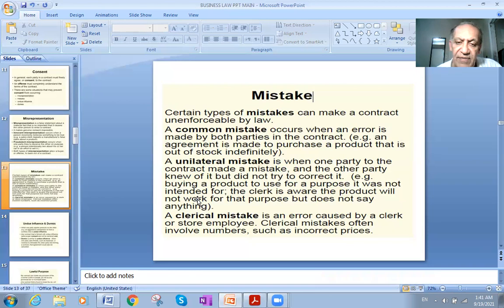The third kind of mistake is a clerical mistake. A clerical mistake is an error caused by a clerk or store employee. Clerical mistakes often involve numbers such as incorrect prices. If you told me this is for $2, but when we came to the contract, you wrote 15.